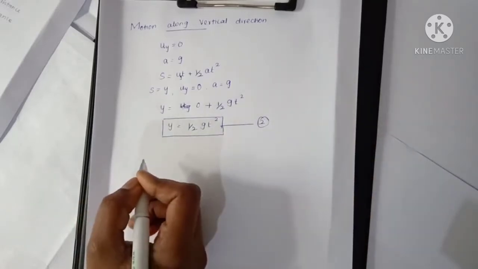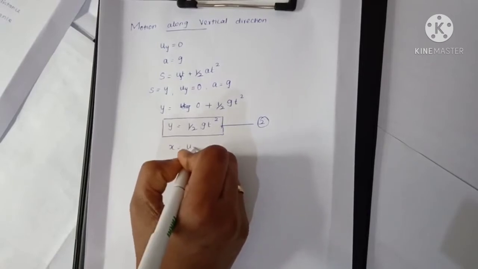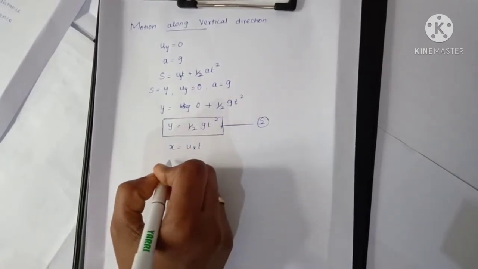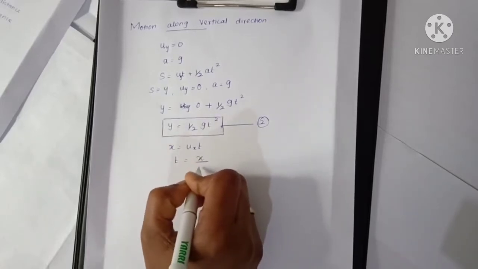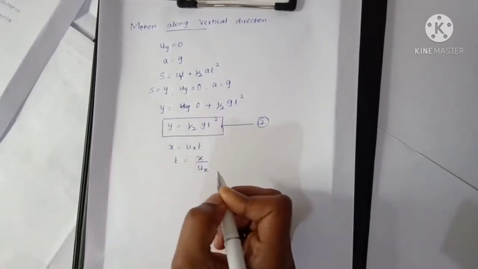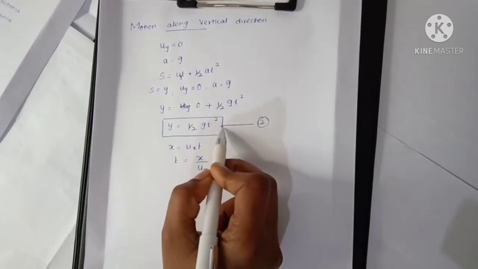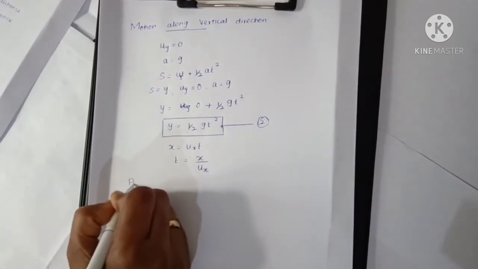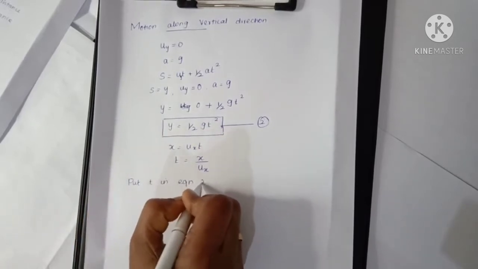From equation number 1, x is equal to uxt. From this we can find t. So t is equal to x divided by ux. Now substitute this t value in equation number 2.